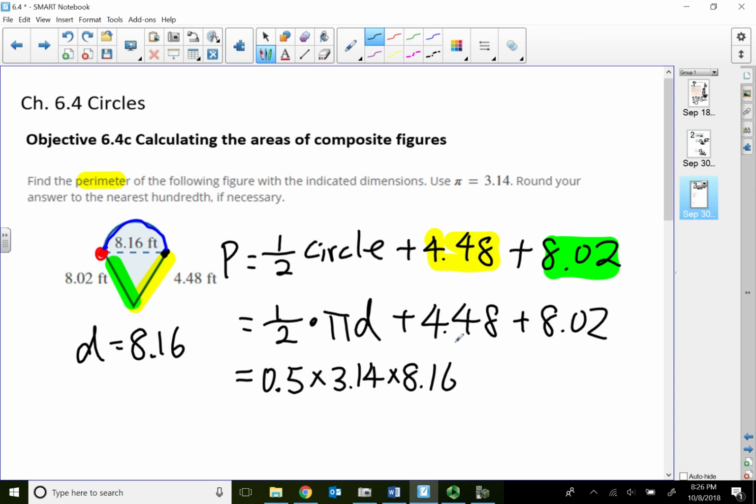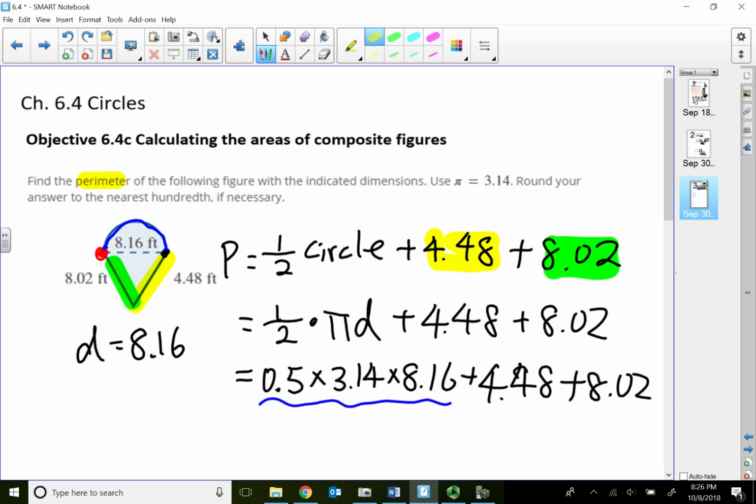Then I'm going to add. This part is what I drew in blue, plus the 4.48 traveling on the outside going downward, and then plus another 8.02 to go back to the red points. Three terms, breaking this entire composite figure down into 3 pieces.